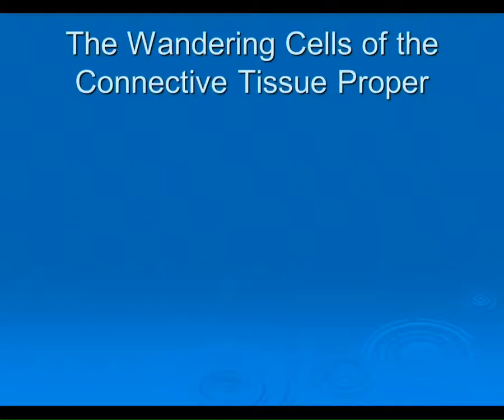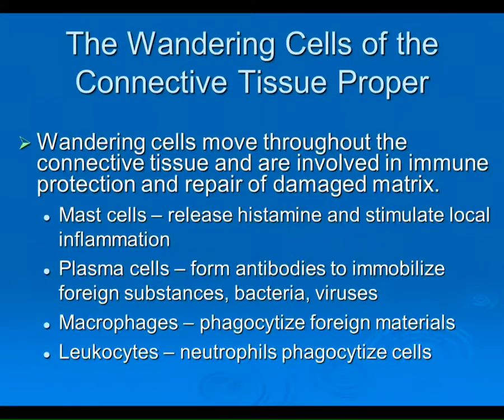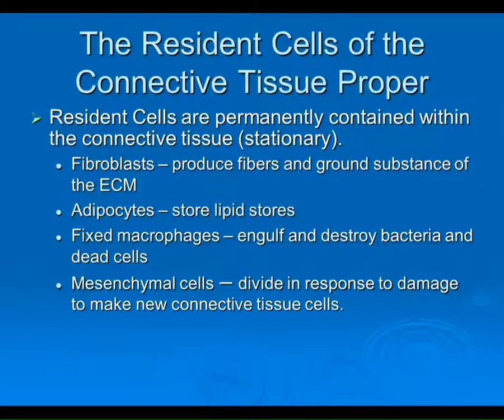Now, tell you what, the next two slides I'm not going to even worry about. So this idea of wandering versus fixed, I don't care about the idea of wandering or fixed, but you do recognize some of these names. If I say to you adipocyte, you know that's the cell that makes up fat. If I say to you fibroblasts, where do we see fibroblasts?